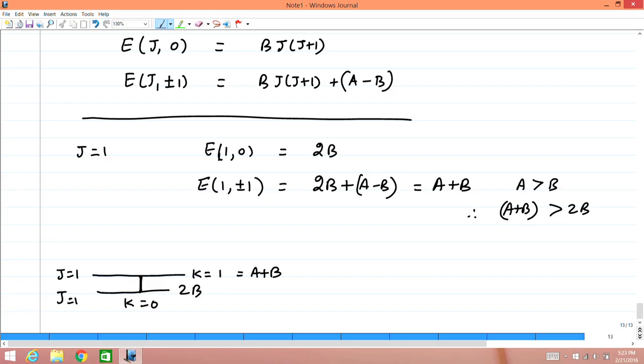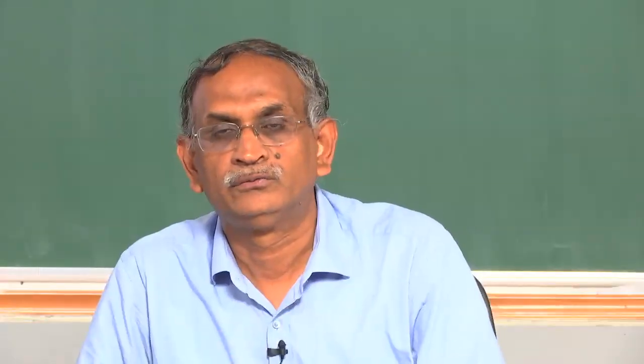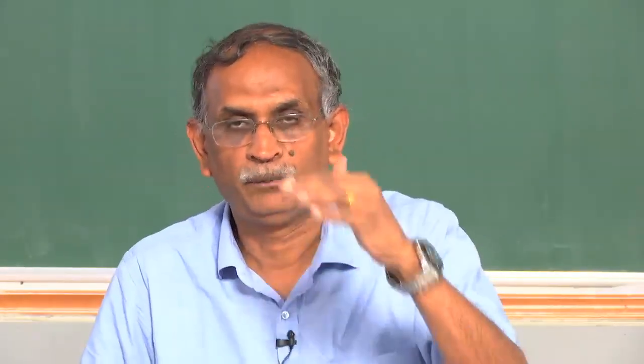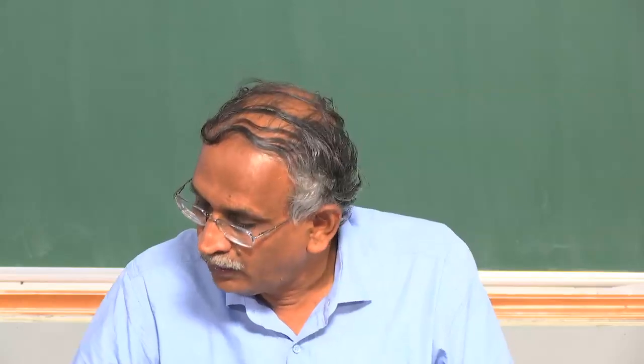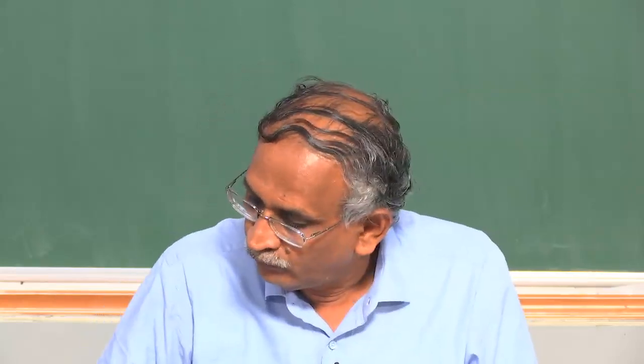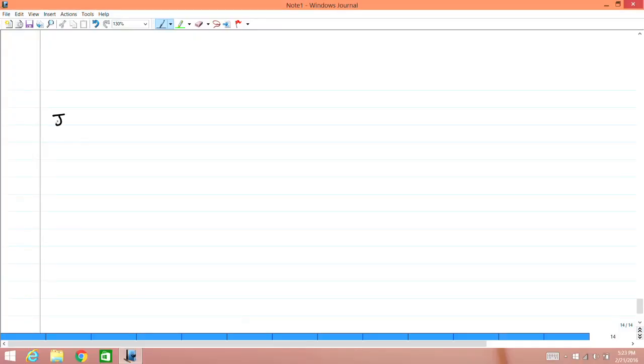Therefore, for a prolate symmetric top, the energy levels actually increase for a given J from K equal to 0 to K equal to plus or minus 1, plus or minus 2, plus or minus 3 and so on. Let us write this again for J equal to 2 and J equal to 3, with simple examples. For J equal to 2, K equal to 0, the energy is 6B.